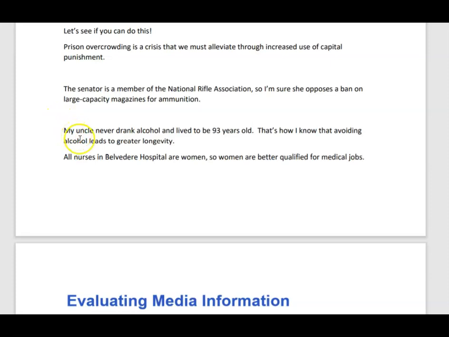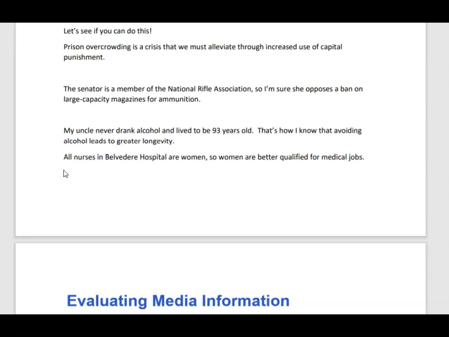My uncle never drank alcohol and lived to be 93 years old. That's how I know that avoiding alcohol leads to greater longevity. All nurses in Belvedere Hospital are women, so women are better qualified for medical jobs. Okay, so just think about those for a minute and see if you can figure out which fallacy goes with each one of those.